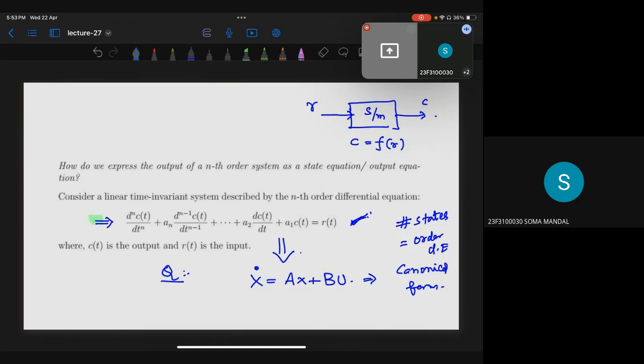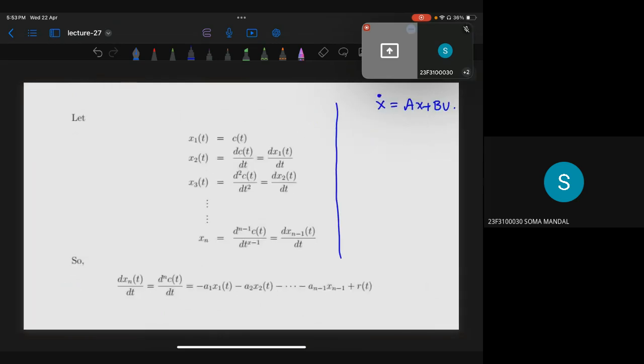N. So the number of state variables is n, that means you'll have x1, x2, up to xn. First, we take x1 as the output variable directly, x1 as C. Then we take x2 as the derivative of C, which is nothing but dx1 by dt, because C is nothing but x1.